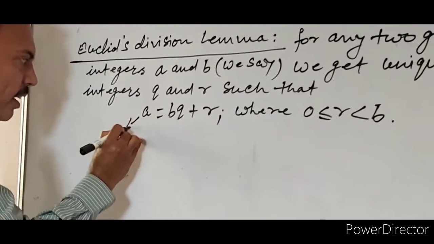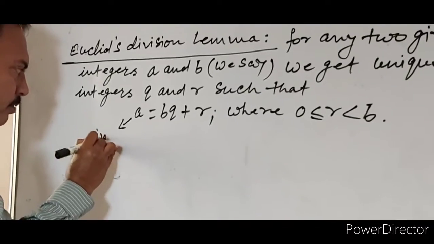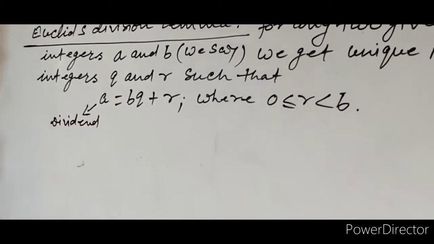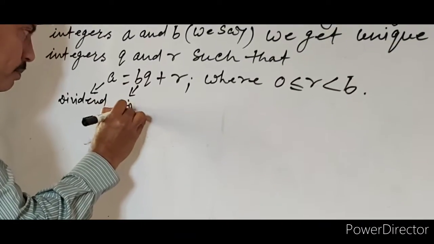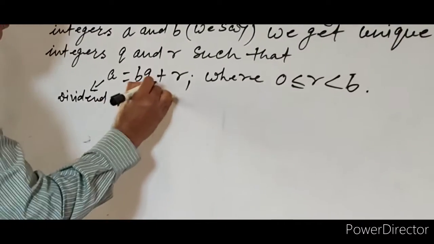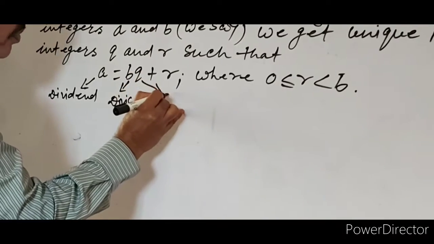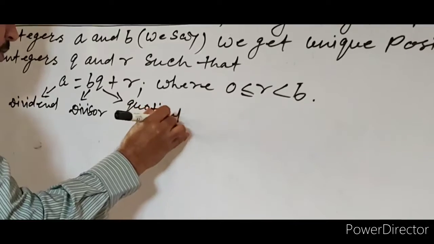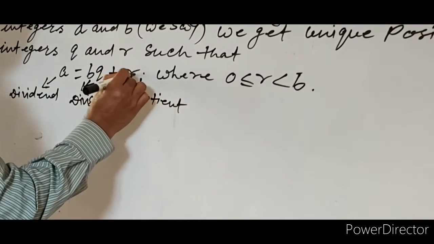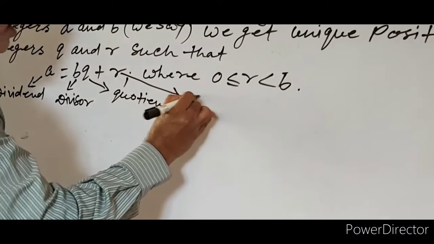We can understand it this way. A is here dividend, B is divisor, Q is quotient, and R is remainder.